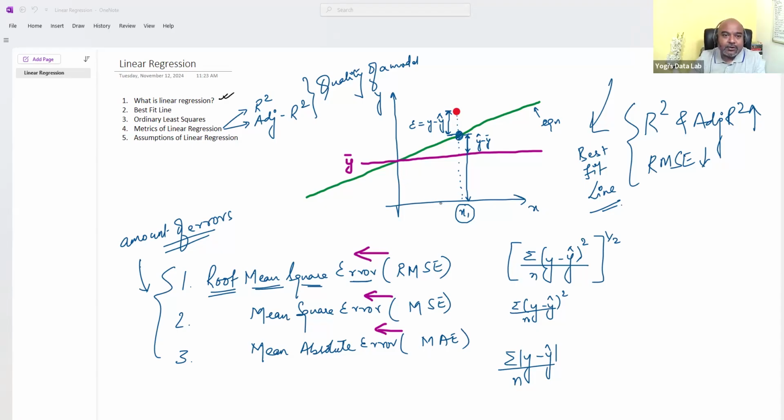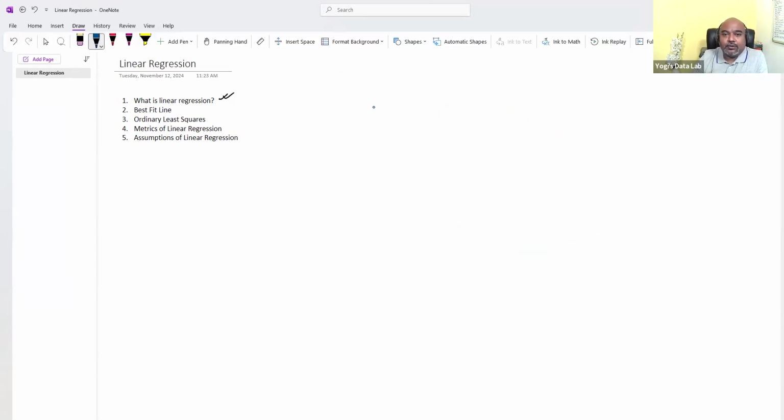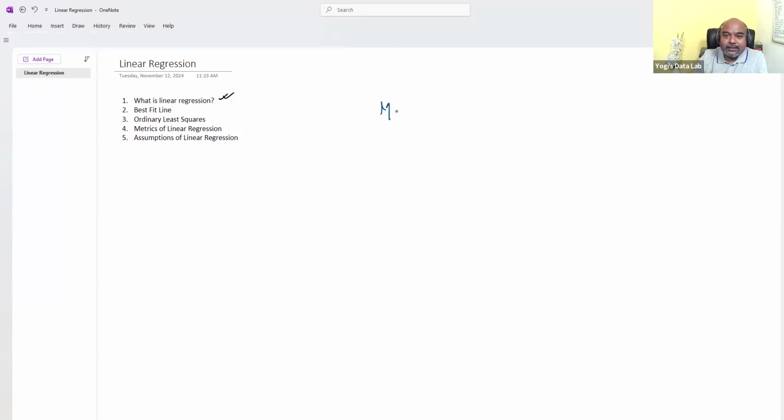Having discussed this, we'll also talk about one more concept, which is known as multicollinearity. So what exactly is multicollinearity? It means the correlation of independent variables which are contributing towards a target variable.